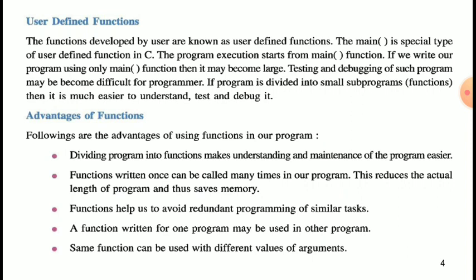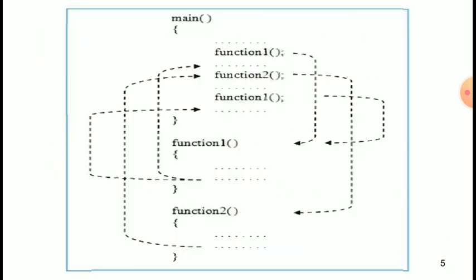Functions help us to avoid redundant programming of a similar task. A function written for one program may be used in another program. The same function can be used with different values of arguments. So those are the advantages of functions, and that is the flow of control in a program with multiple functions.